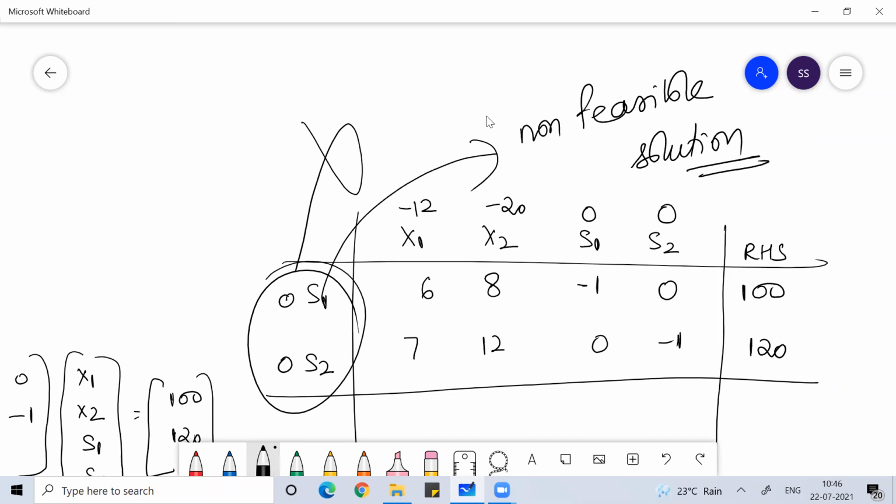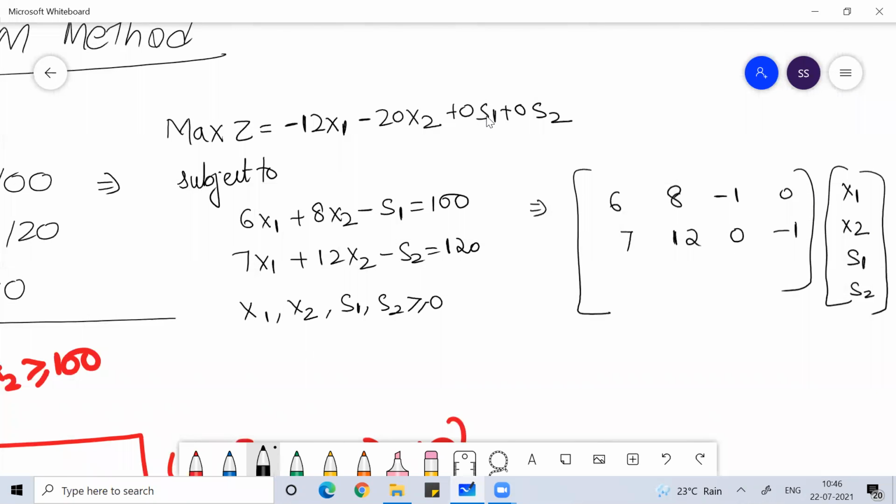Okay, why do you get the negative slack variable? Because your constraints were having the greater than or equal to sign. So because your constraint was having the greater than or equal to sign, the purpose was to make LHS equal to RHS, and then the objective was to start solving the problem using the iteration table, starting with the dummy variables.